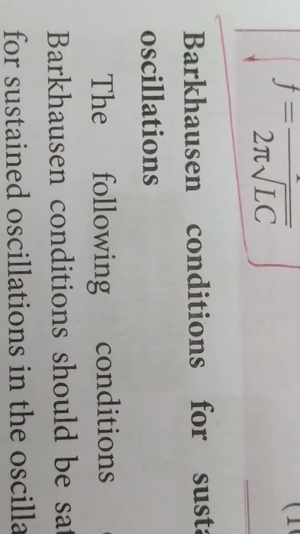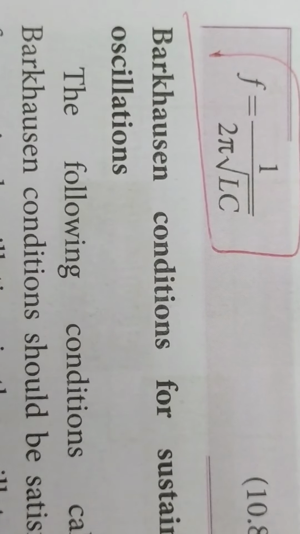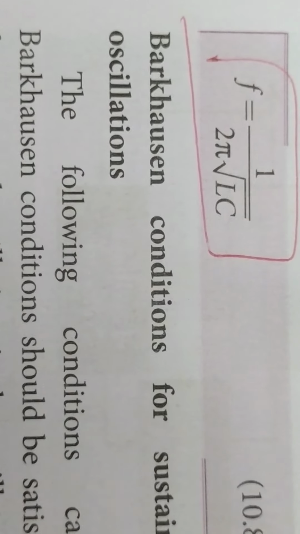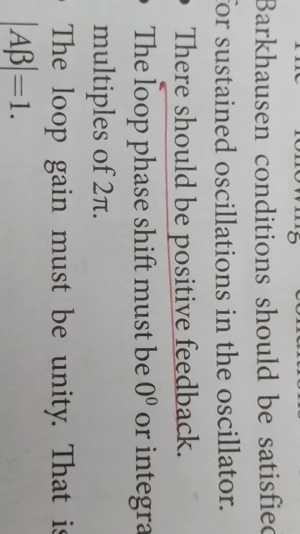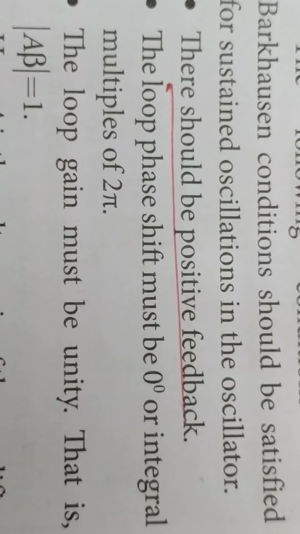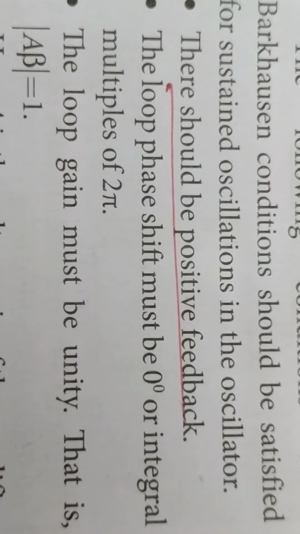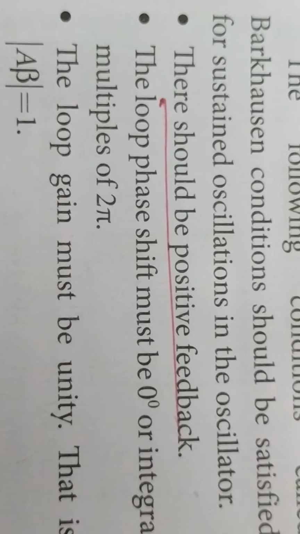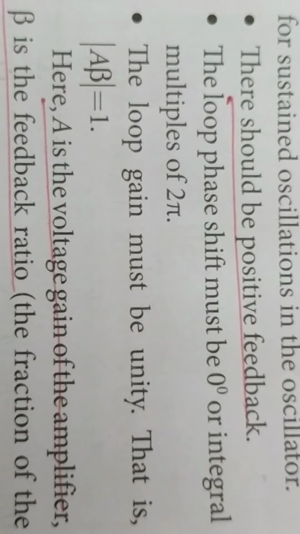And there are some conditions for sustained oscillation. Sustained means a permanent amplitude, that is, a permanent type of oscillations. The Barkhausen condition is very important. And here, what are the conditions? The first condition, there should be positive feedback, and the loop phase shift must be 0 or integral multiples of 2π, that is either 0 or 360 degrees, which means the output should be in phase with the input during the feedback, and the loop gain must be unity.